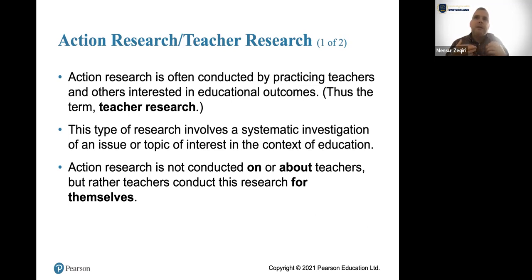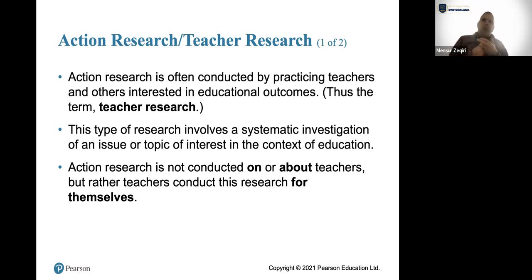So rather than designs in which research is done on and about the teachers, simply in these kinds of research, teachers do conduct research for themselves, and often what they do investigate actually is their own practices.